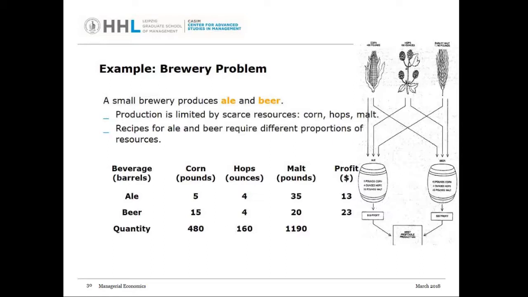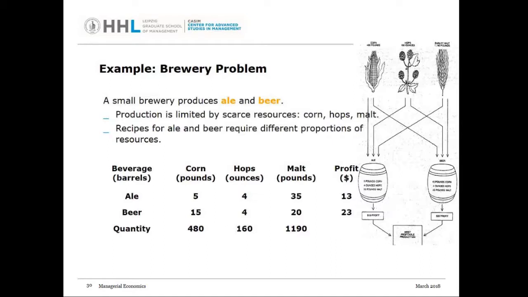So the table says if you want to produce ale, you need 5 pounds of corn, 4 ounces of hops, and 35 pounds of malt. And the profit from a barrel of ale is $13. The same logic holds for beer, with different recipes.